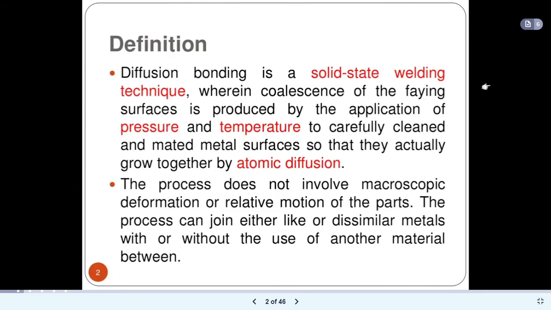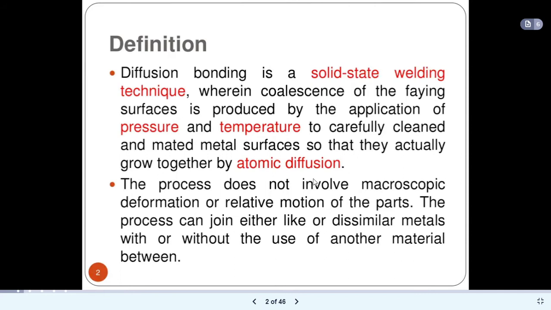Diffusion bonding is a solid state welding technique wherein coalescence of the faying surfaces is produced by application of pressure and temperature to carefully cleaned and mated metal surfaces, so that they actually grow together by atomic diffusion.